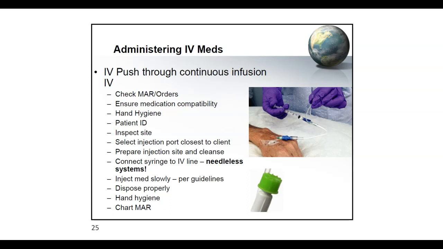Is the medication that you're pushing compatible with the fluid or the medication that's going in the tubing in your main IV? Once you're sure that they're compatible, then you do your hand hygiene and check your patient ID, your identifiers, name, date of birth. While you're doing all this, make sure you're explaining it to the patient, right? You need to talk to your patient.